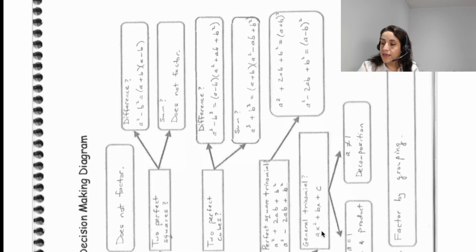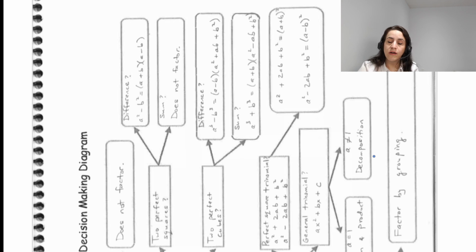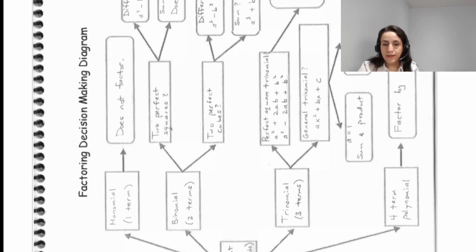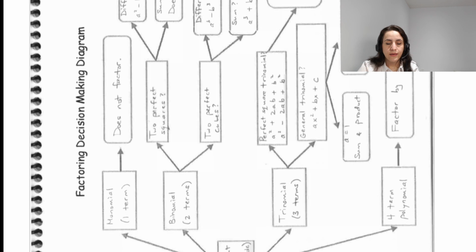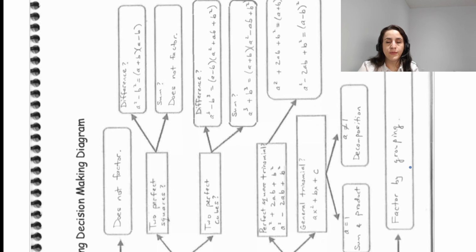Or we can have a general trinomial ax squared plus bx plus c, that we talked about: if a is 1, we use sum and product, and if a is not 1, we use decomposition. Finally, if it is a 4-term polynomial, we always factor based on grouping.